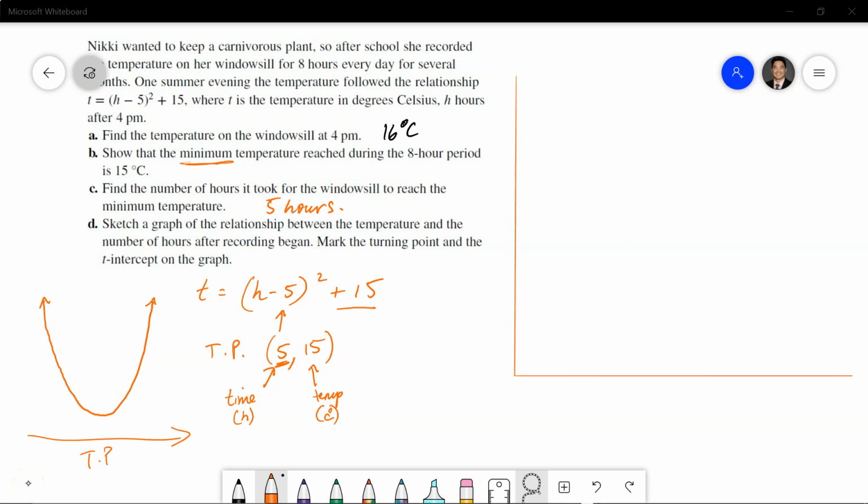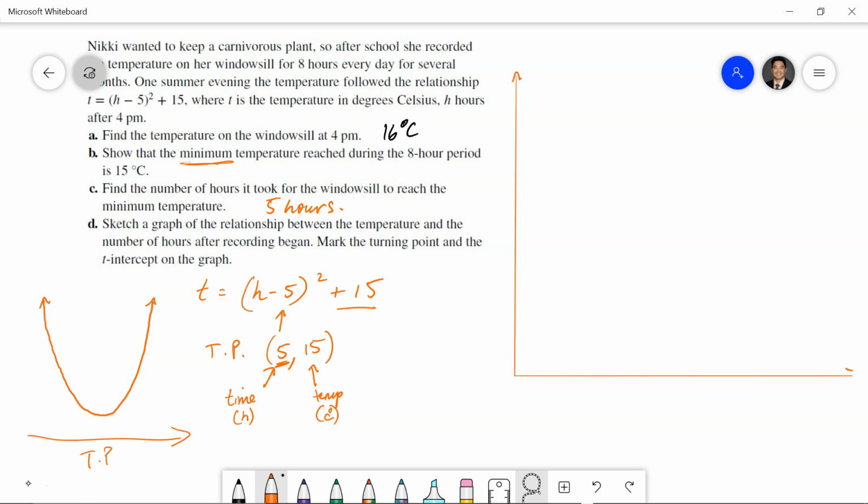Okay, so there's a few things that we already know, and I'm going to sketch this graph. We already know that our turning point is at 5, 15. So if I just went, say, 5, 10, 15, 20, no, let's go 5, 10, 15, 20, 25, 30, 35, 40. That's probably a better scale.